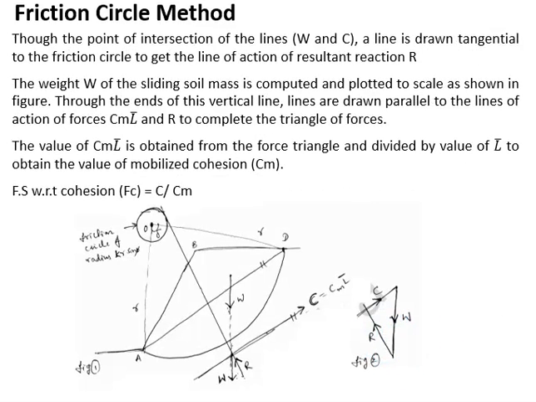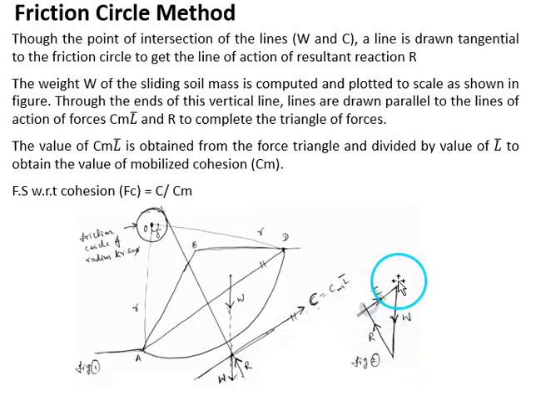So after getting this force triangle, then we have to measure the distance for this line representing C. Then this weight value is plotted to some scale. That will become the load scale.